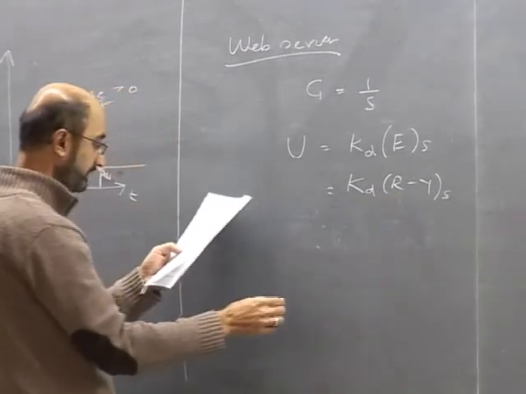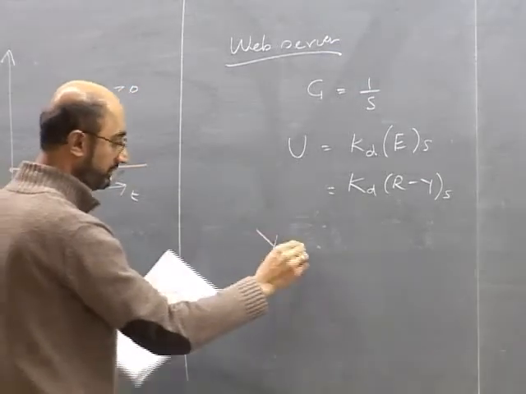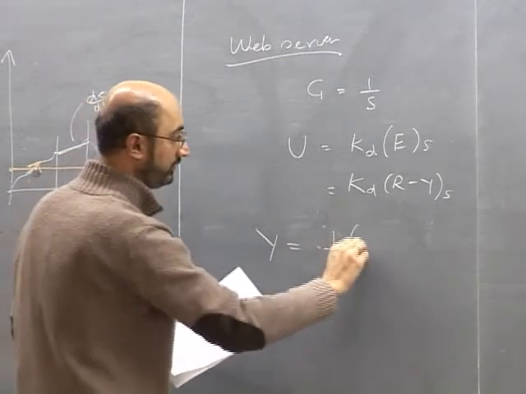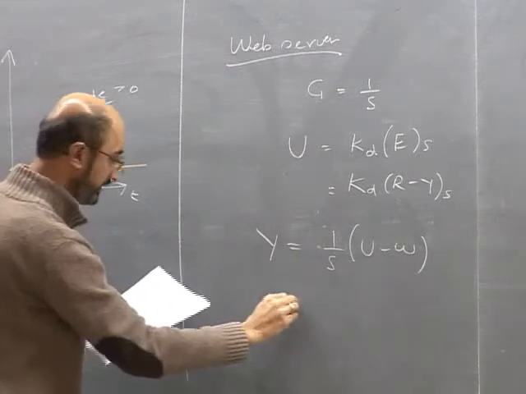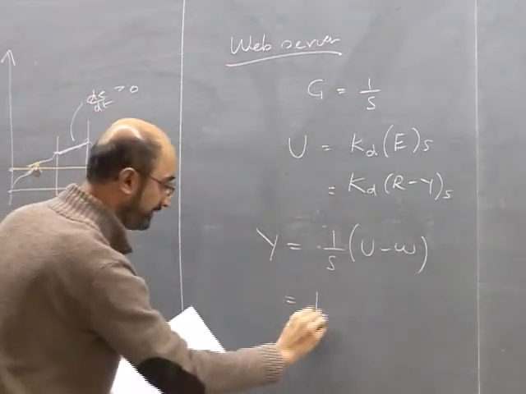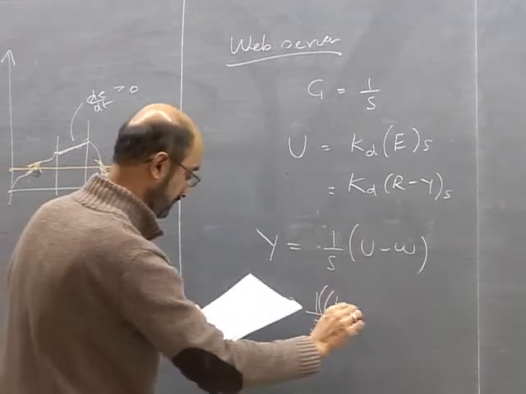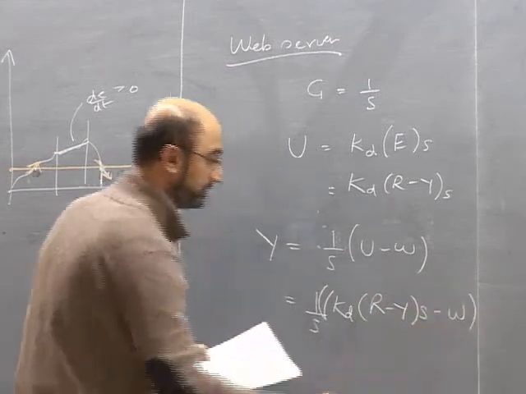Now we know that Y is equal to 1 over S times (U minus W), and substituting for U, we get Y equals 1 over S times KD times (R minus Y)S minus W.